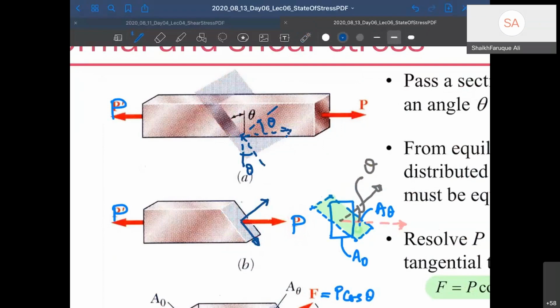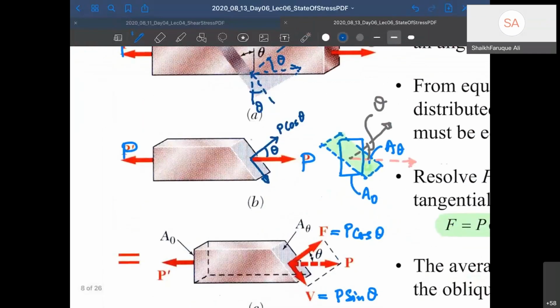This angle is going to be theta. I have shown here how it can be theta. So if that is a theta angle, then this is going to be my P cos theta, and this is going to be my P sin theta.